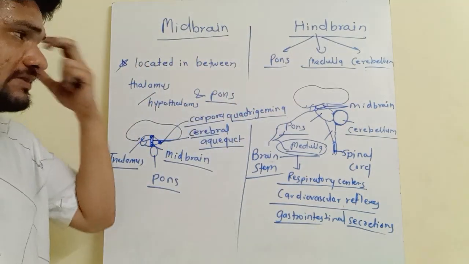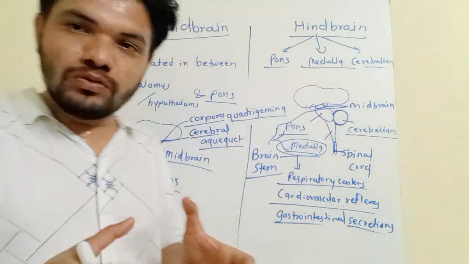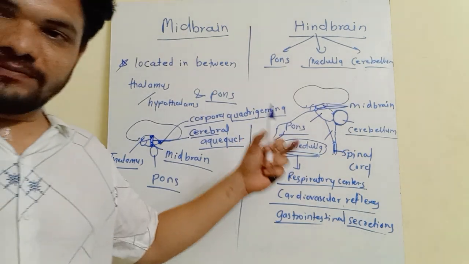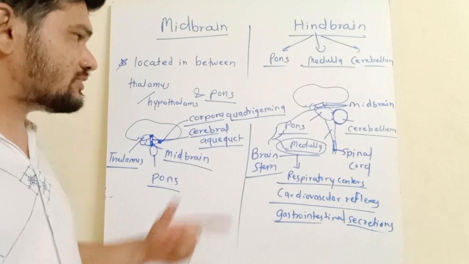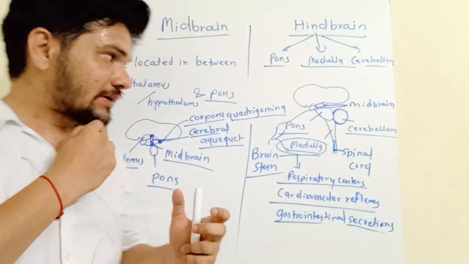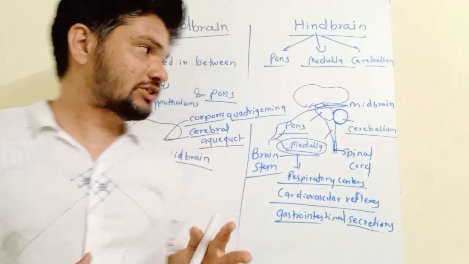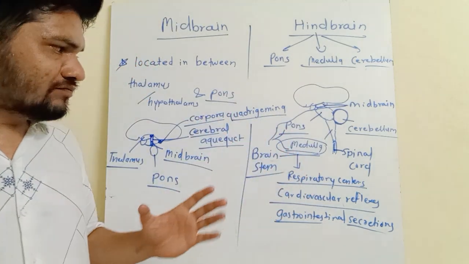Then cerebellum is a very lobular structure. It allows so many neurons to be present in the cerebellum, and the pons consists of many nerve fibers. It allows the brain's different parts to connect with each other. So these are basically the functions of hindbrain.